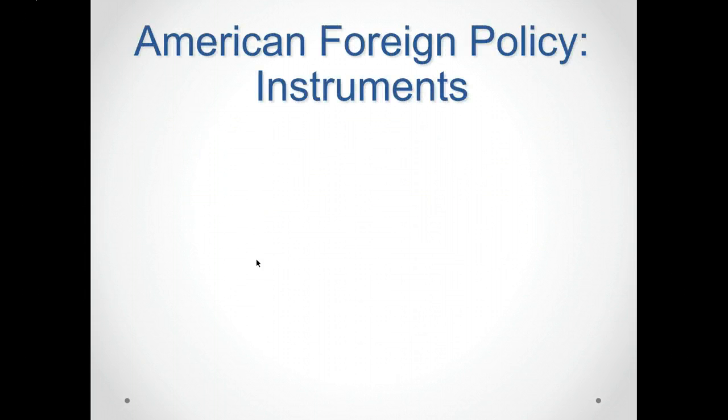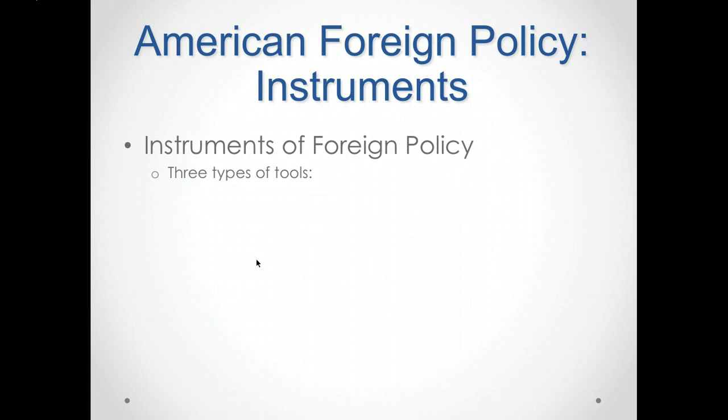Okay, so American foreign policy instruments. What I mean by instruments is how is foreign policy actually pursued or used? How can the U.S. get what it wants out of its relationships with other countries?